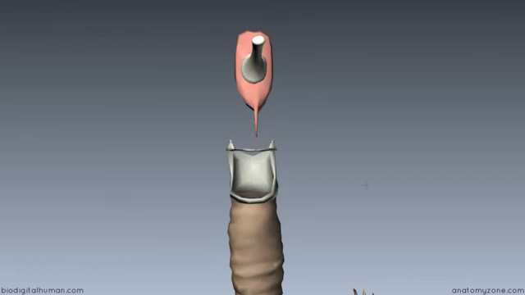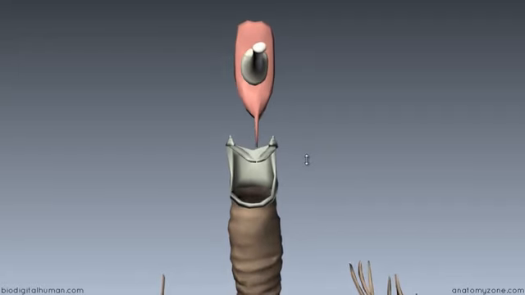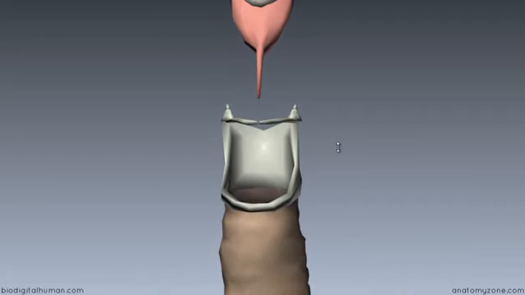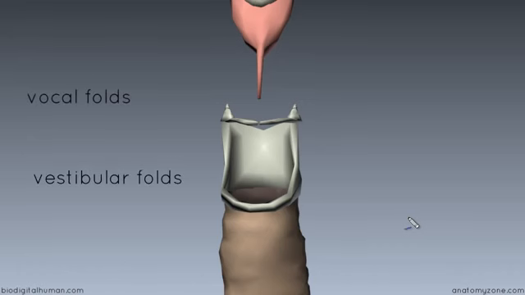So I've just removed the thyroid cartilage again, and I'll just show you what I mean. So the vestibular ligament is above and to the side of the vocal ligament. So the mucosa of the larynx folds around these ligaments to form vocal folds and vestibular folds, and these folds are the vocal cords.